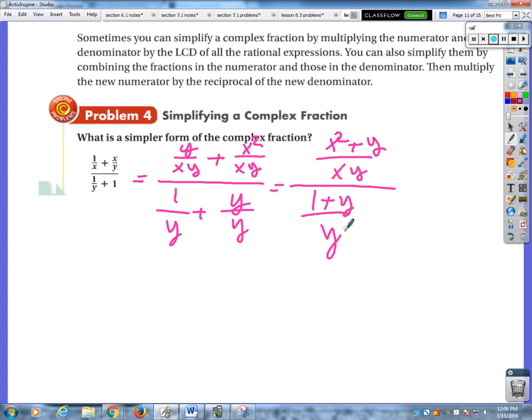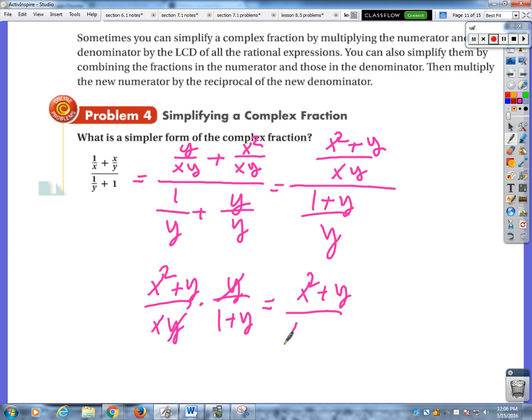So now I'm going to rewrite this as x squared plus y over xy times, I'm going to take this one and flip it over, so times y over 1 plus y. Okay? And then now we can do any canceling again. So what cancels on the top and the bottom of this? The y. And so my final answer is x squared plus y over x times 1 plus y.